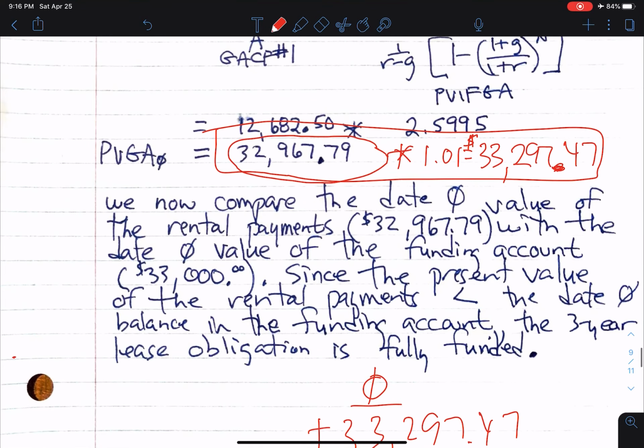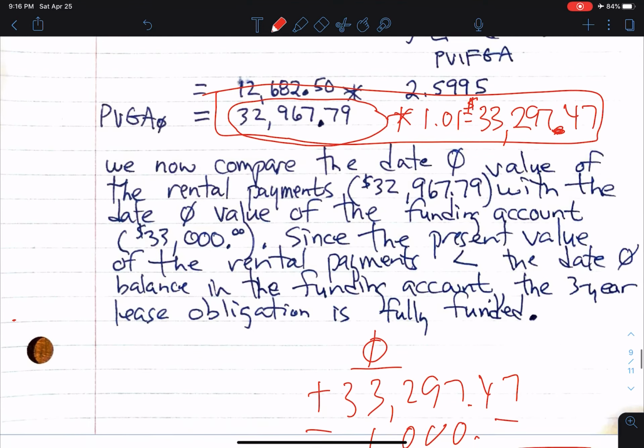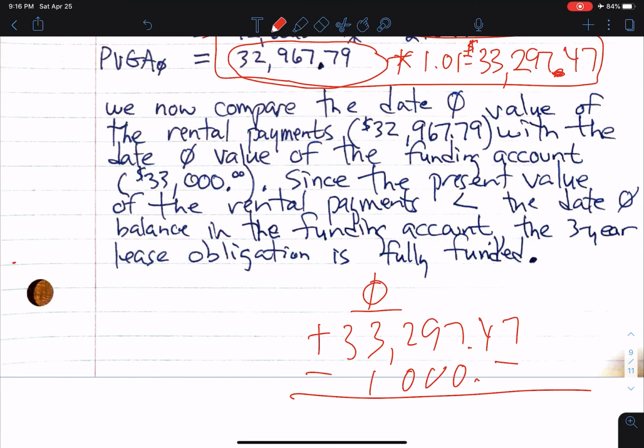And so there's the answer, $33,297.47. This was an interesting example of doing our analysis at the margin. And I thank you for watching.